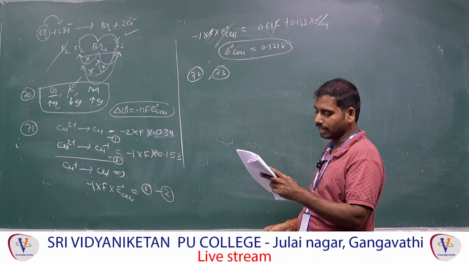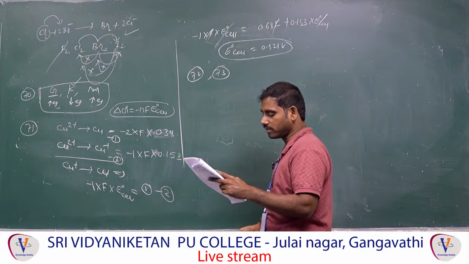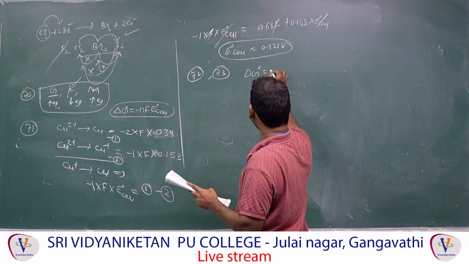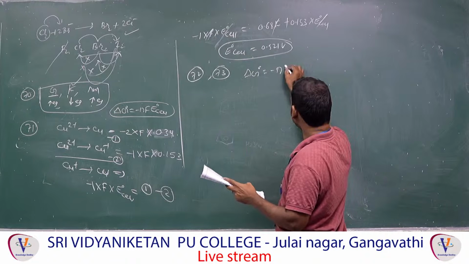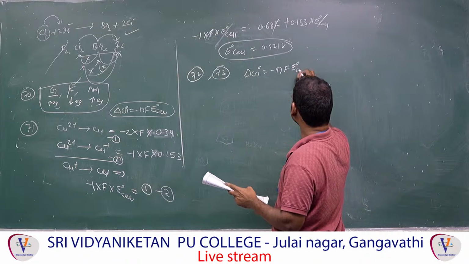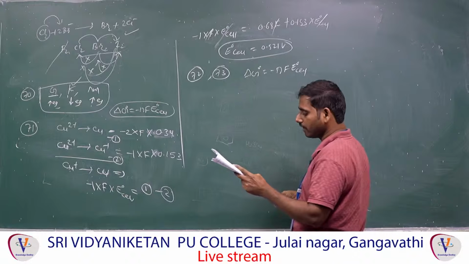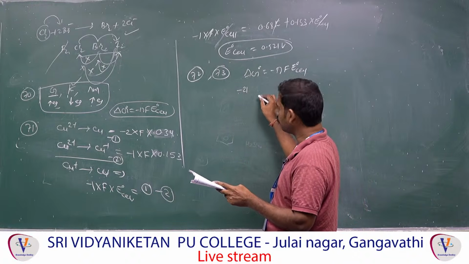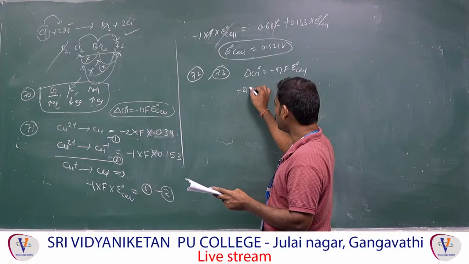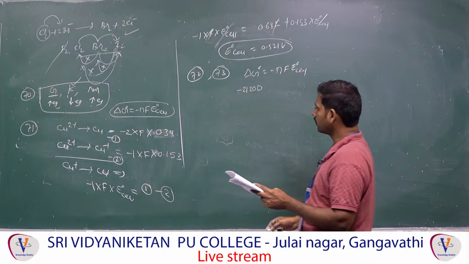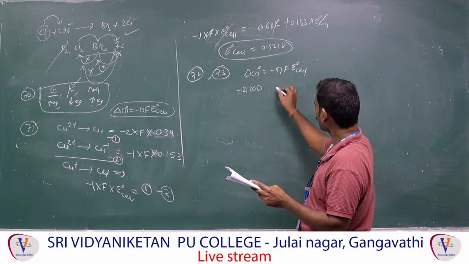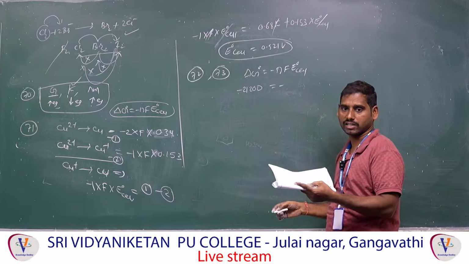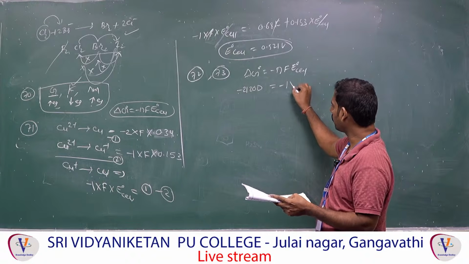Next one, 73. They are asking the standard EMF of the cell now. So the relation is delta G naught is equal to minus nFE naught cell. Delta G naught they are given as minus 21.2 kilojoule. Kilojoule is converted to joule, that means 21,200 joules is equal to minus n. n means number of electrons transferred, which is 1.